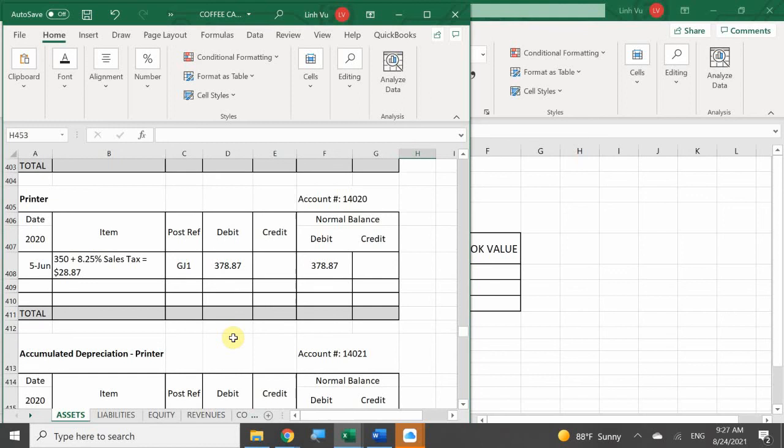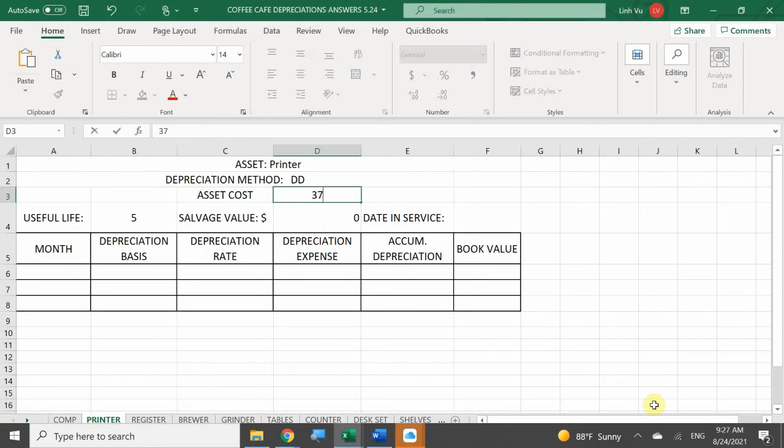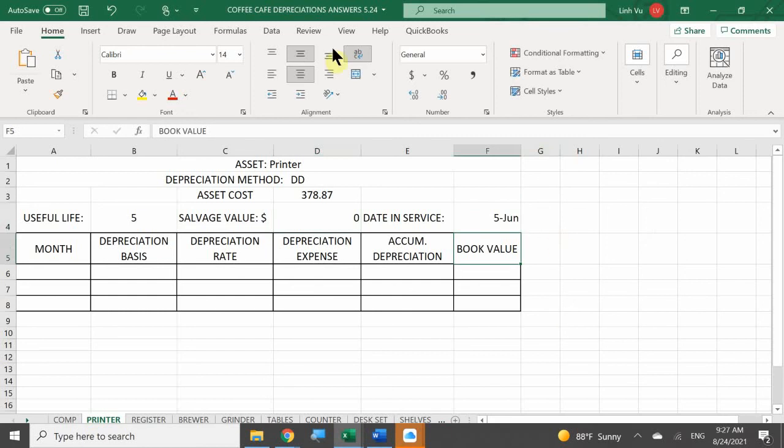And when did you buy it? June 5th. And we placed it into service on June 5th. So we're going to be depreciating it for the month of June.